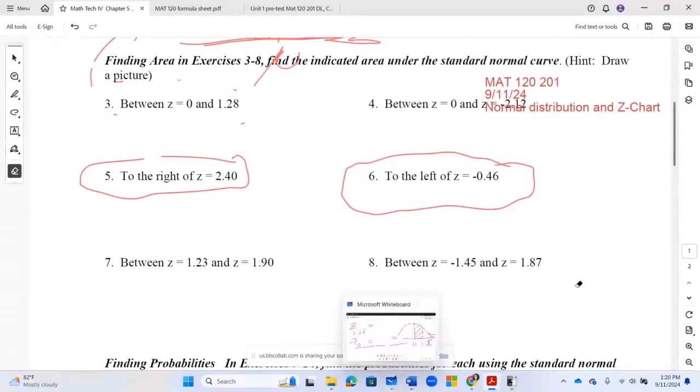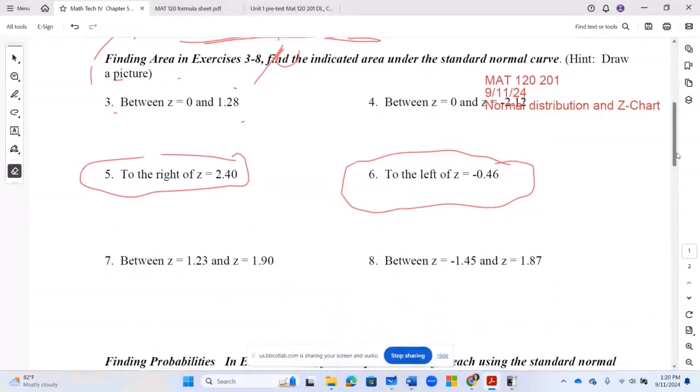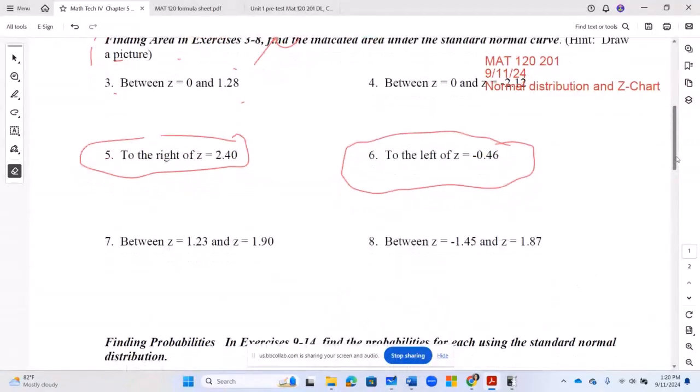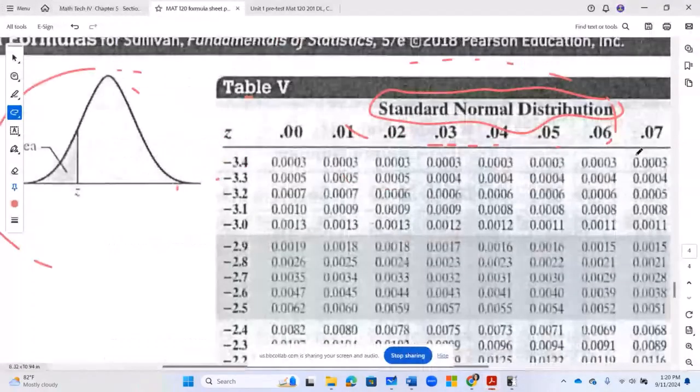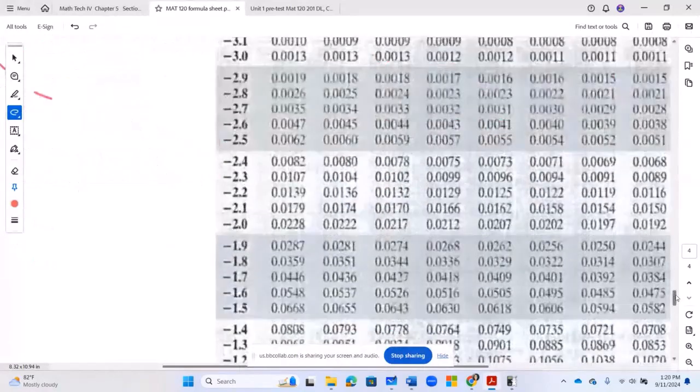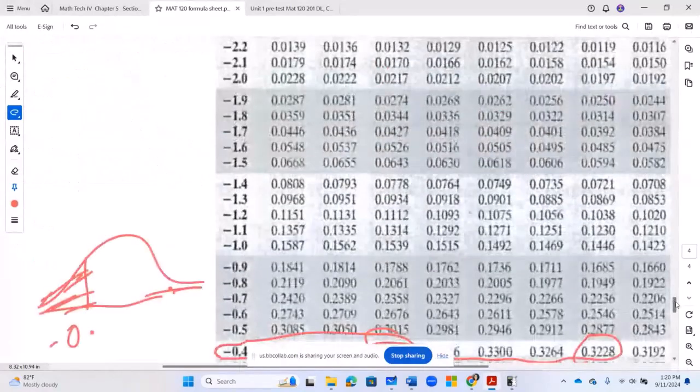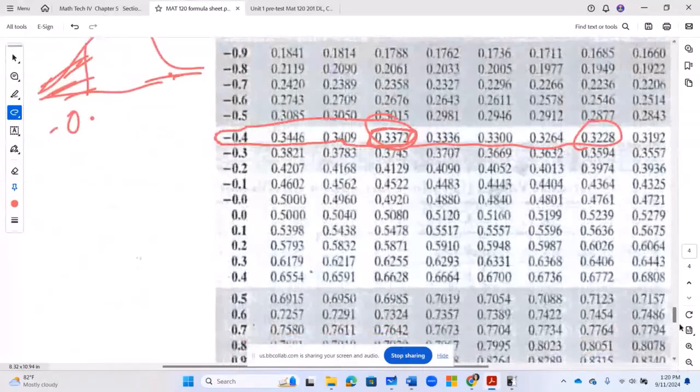All right. And I'm going to read from 0. So I'll pull the chart up, and I will be looking for 0 on the left-hand side. Where is z equal to 0? Z is equal to 0 here. You don't have to use negative 0.0. It's still the same.